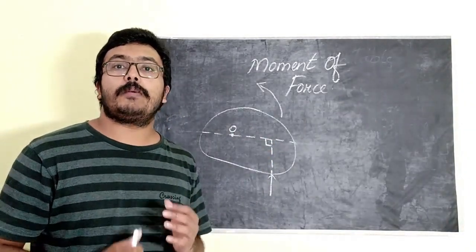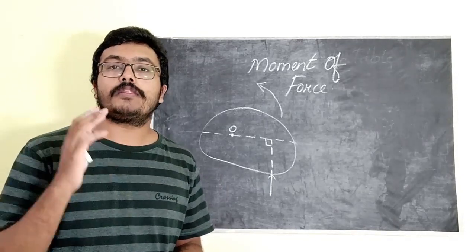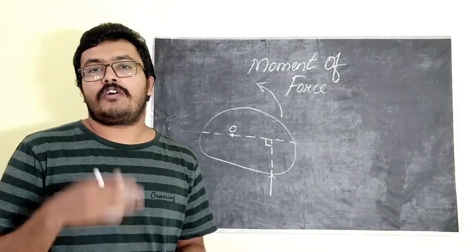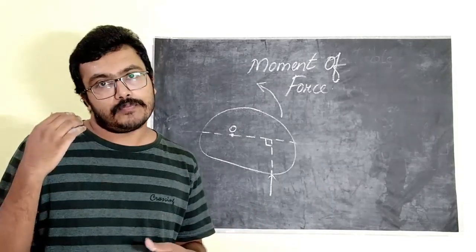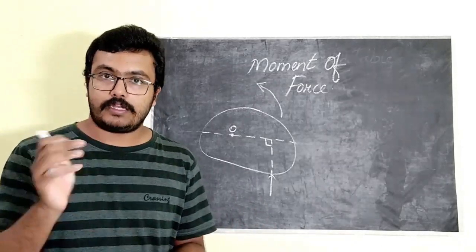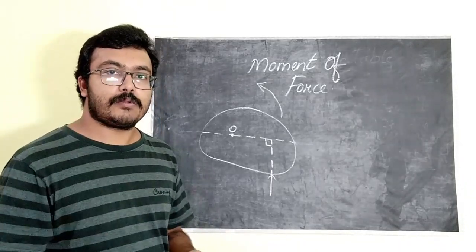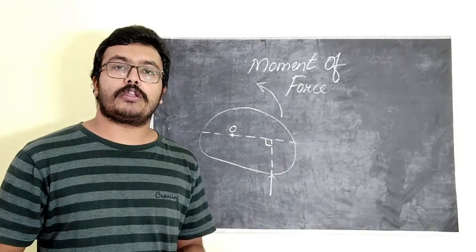So the moment of force will be maximum when the angle is exactly 90 degrees. Of course, if you ask me whether there will be a force acting on it if the angle is less than or more than 90 degrees, it will. But the moment of force will be less. To get a maximum moment of force, you have to apply the force exactly at 90 degrees on the body.